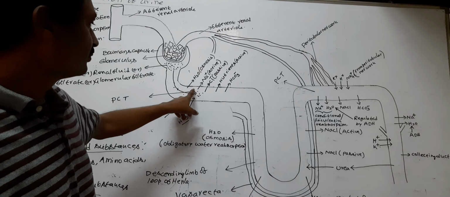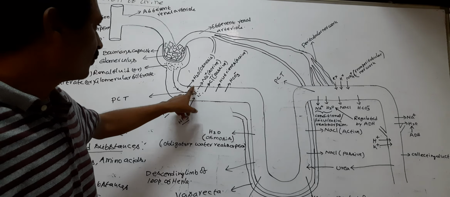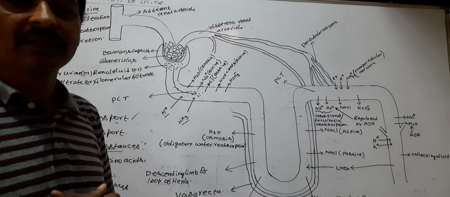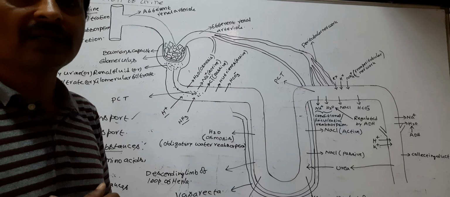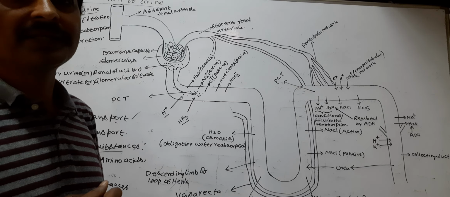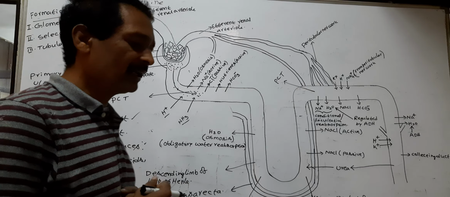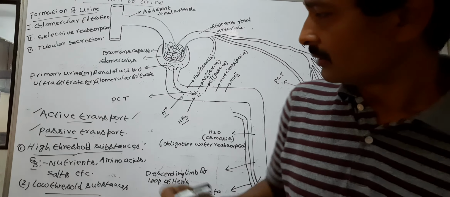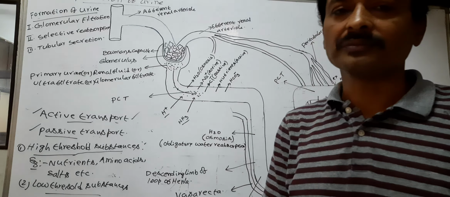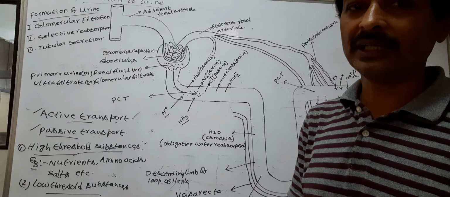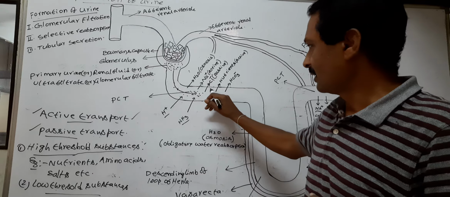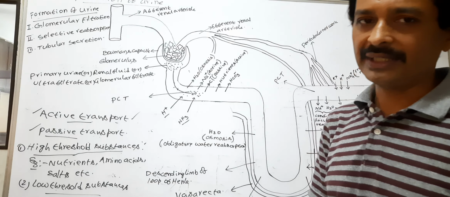So the wall of the PCT has brush-bordered epithelial tissue. The microvilli, or brush-bordered cuboidal epithelium, increase the absorptive surface area.